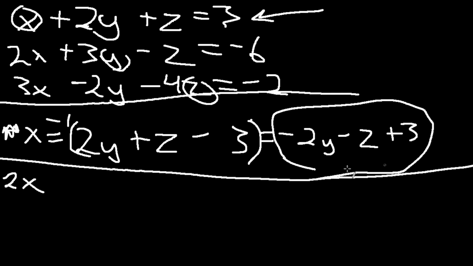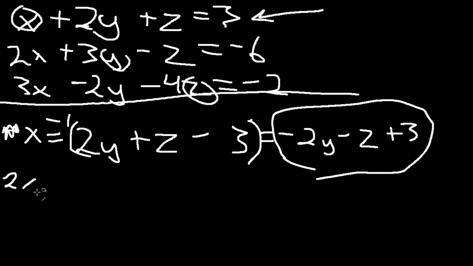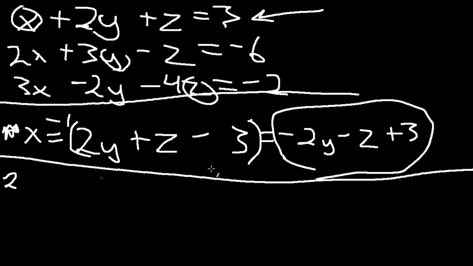We're done with the first one for the moment, so I'm going to put a line. I'm looking at this one now, so we're looking at 2x. But instead of that x, we're going to substitute in the answer we got here. We'll go ahead and multiply it through with this 2, just to save a little bit of steps.